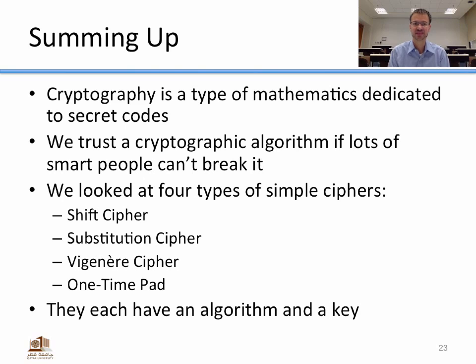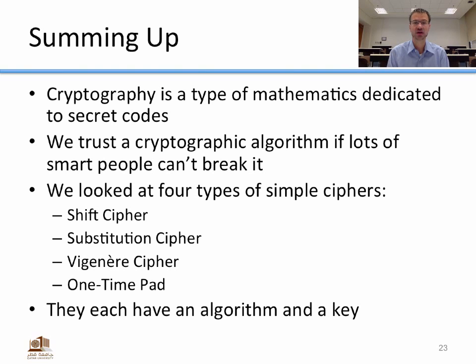All right, so let's summarize what we've talked about. Cryptography is a type of mathematics dedicated to secret codes. We trust a cryptographic algorithm if lots of smart people can't break it. And while that may sound a little bit shaky, in practice it seems to work pretty well.